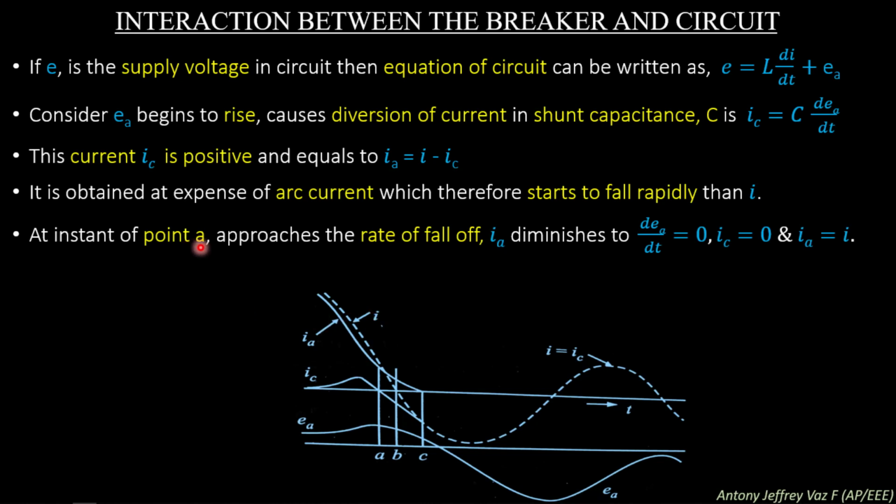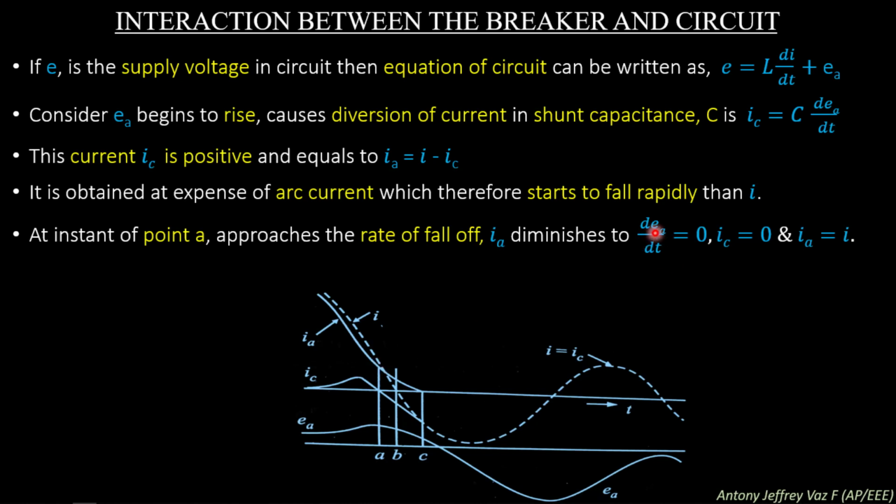As the instant of point A approaches, the rate of fall of IA diminishes. You can see at this point A the rate of fall of IA starts to decrease.